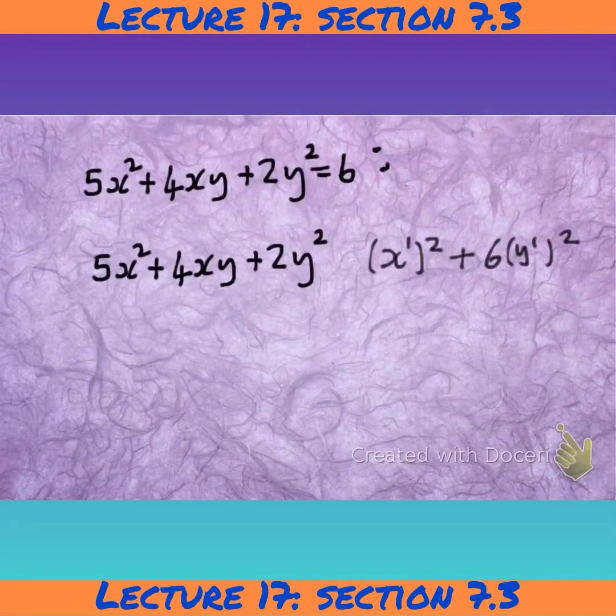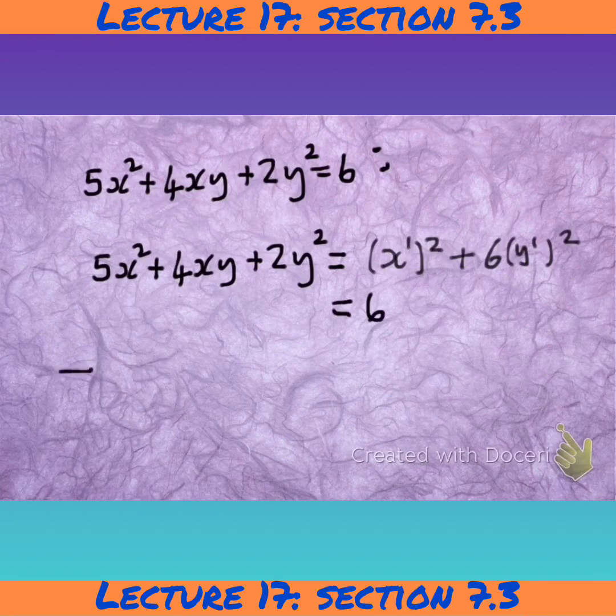Right, so recall we wrote that as we introduced two new variables, x prime and y prime, and we pretty much wrote that expression as the expression on the right hand side, which is equal to 6.